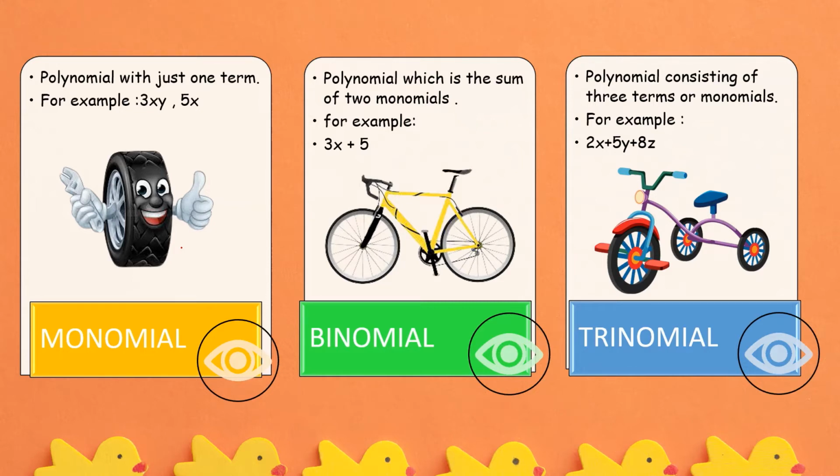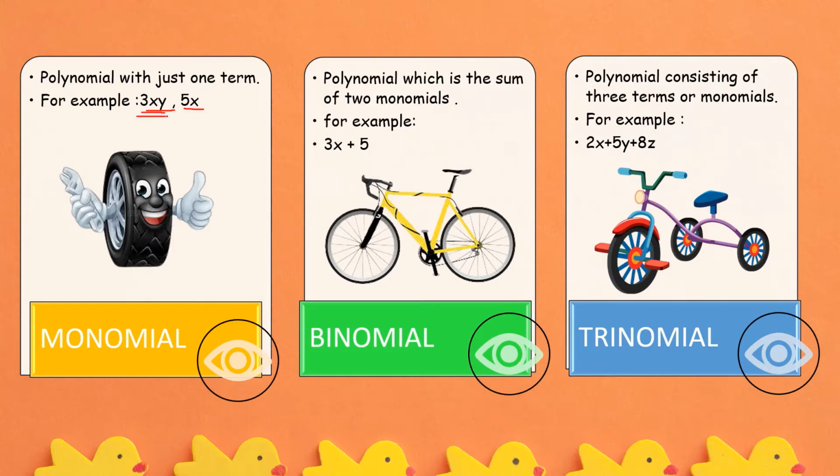In the same way, monomial, binomial, and trinomial. Monomial, single term. For example, 3xy, 5x. These are single terms. Again, x and y are two different variables in 3xy, but as they are in one term, it comes under a single term.